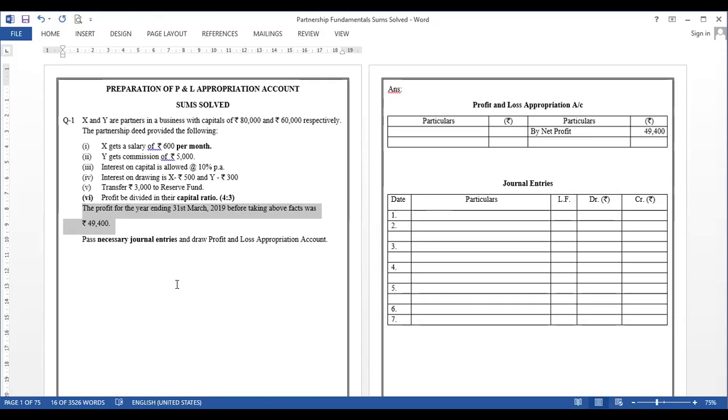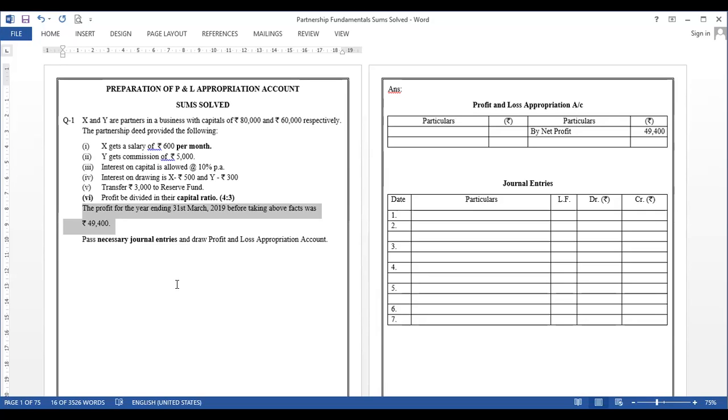Now I would like you people to answer. Reading the first adjustment, X gets a salary of rupees 600 per month. Every time whenever the adjustment of salary comes, we need to think whether it is per month, per quarter or half yearly. We need to take care of that.